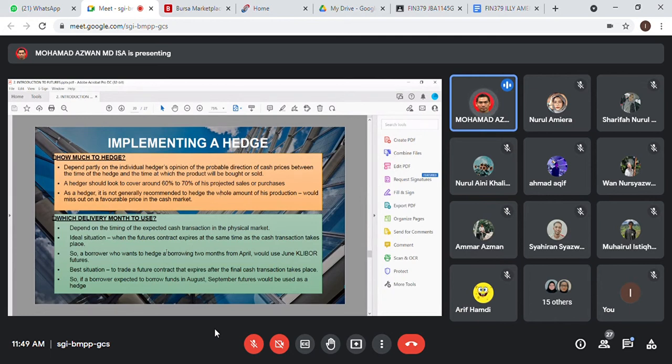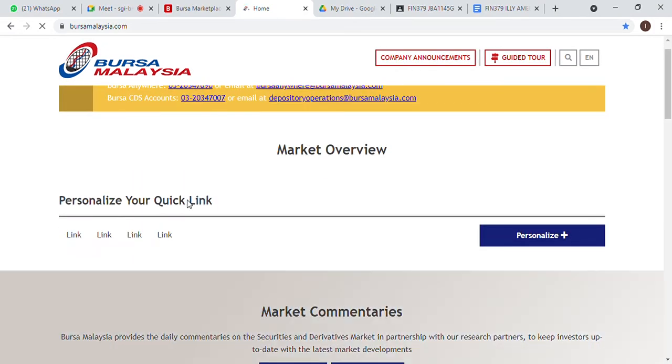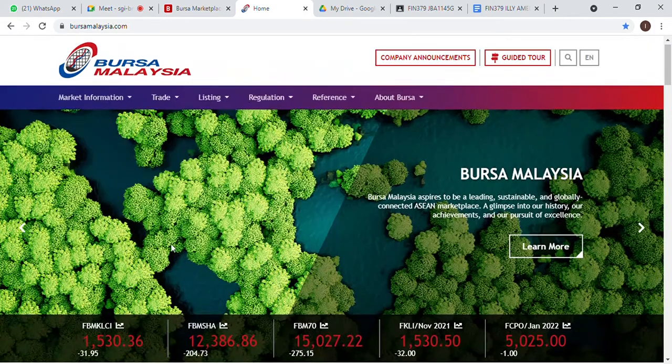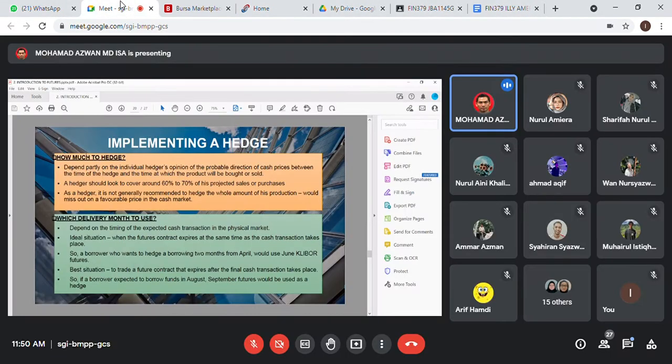Or if you have just 80% of the 5 billion ringgit value, your future trading will be less than 100%. We have to do some calculation on that.